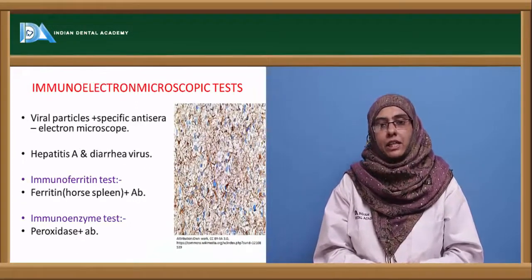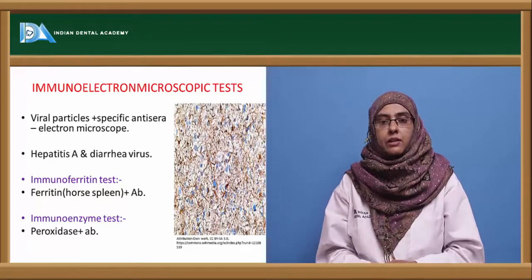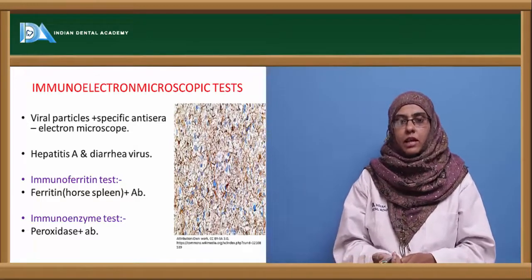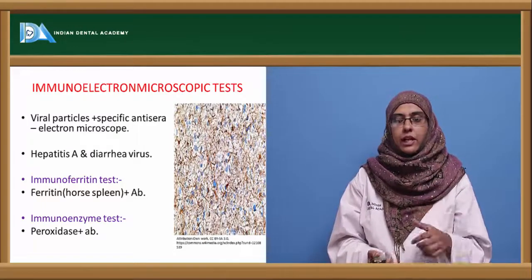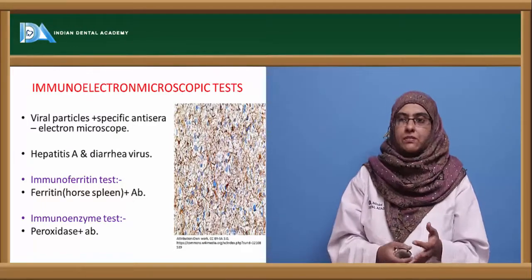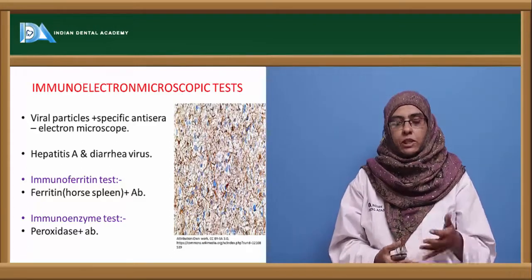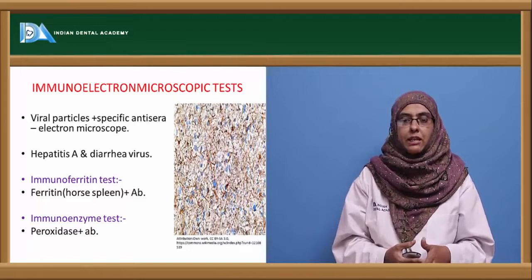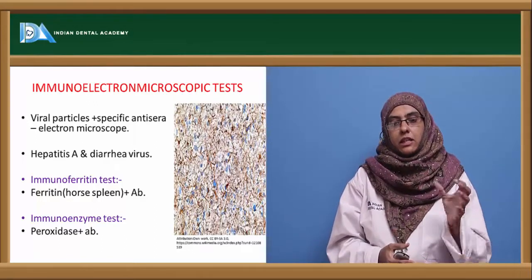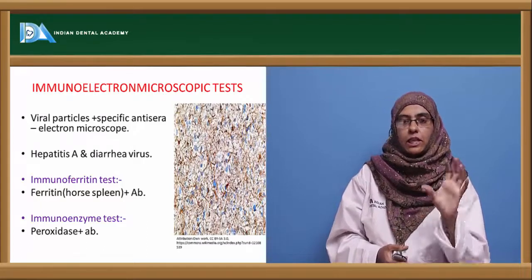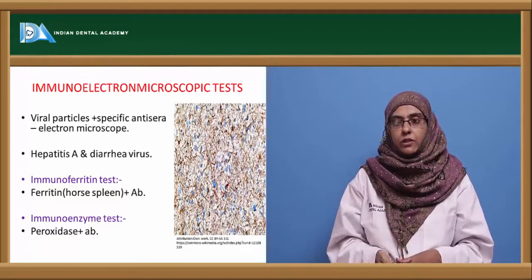Next serological reaction is the use of electron microscopy and the conjugation with the immunoassays. So here the assay is usually done to identify the virus particle or a specific sera under the electron microscopy. It is mostly used to identify hepatitis A and the diarrhea virus, and the logic behind using this is that the antigen and the antibody are mixed and they form a conjugate that can be seen under the electron microscopy.